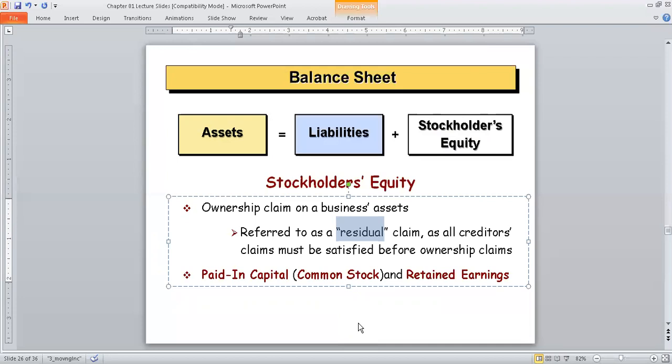You can write the basic accounting equation as assets minus liabilities equals stockholders' equity. Because we really only know what equity is by knowing what it's not. It's not liabilities. It's the residual claim.